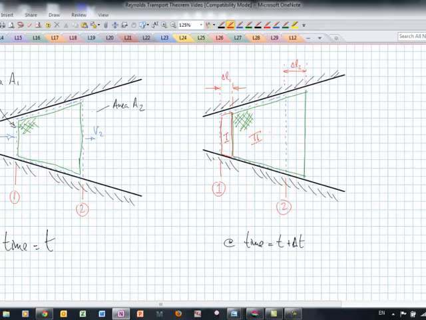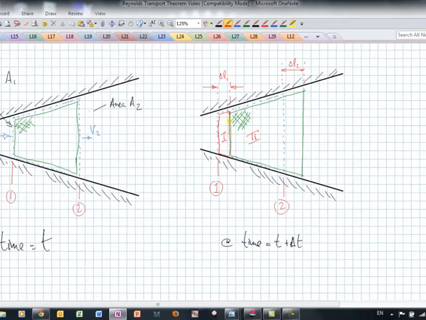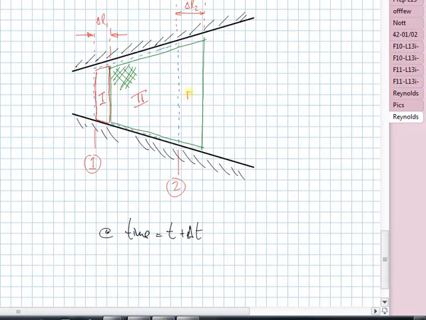Region 2 is the part of the system that's still within the confines of the control volume. And region 3 is the part of the system that left the control volume. Okay, so region 1 really represents stuff that wasn't in the control volume initially and that came in to replace the system that left.